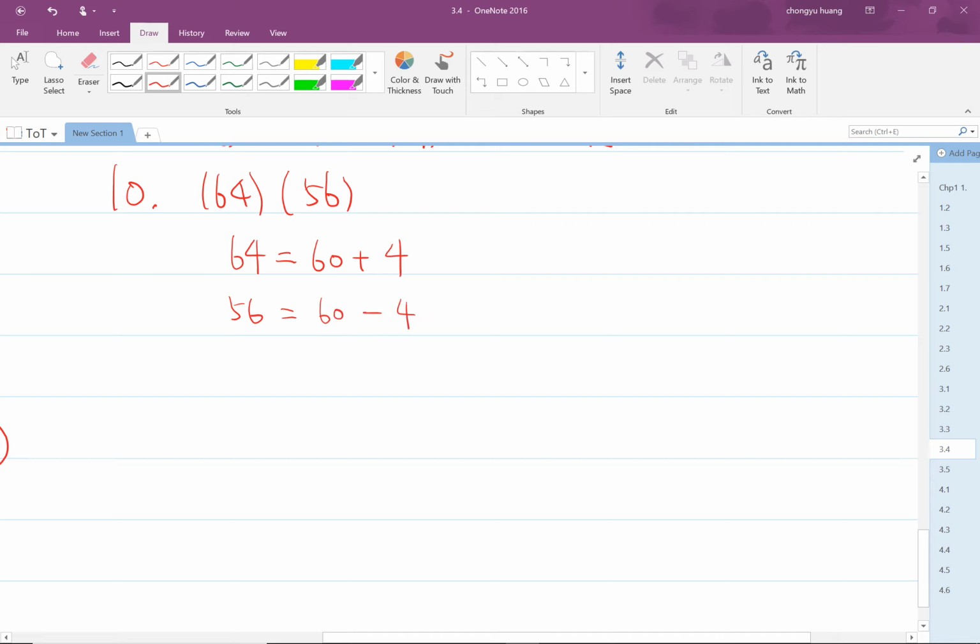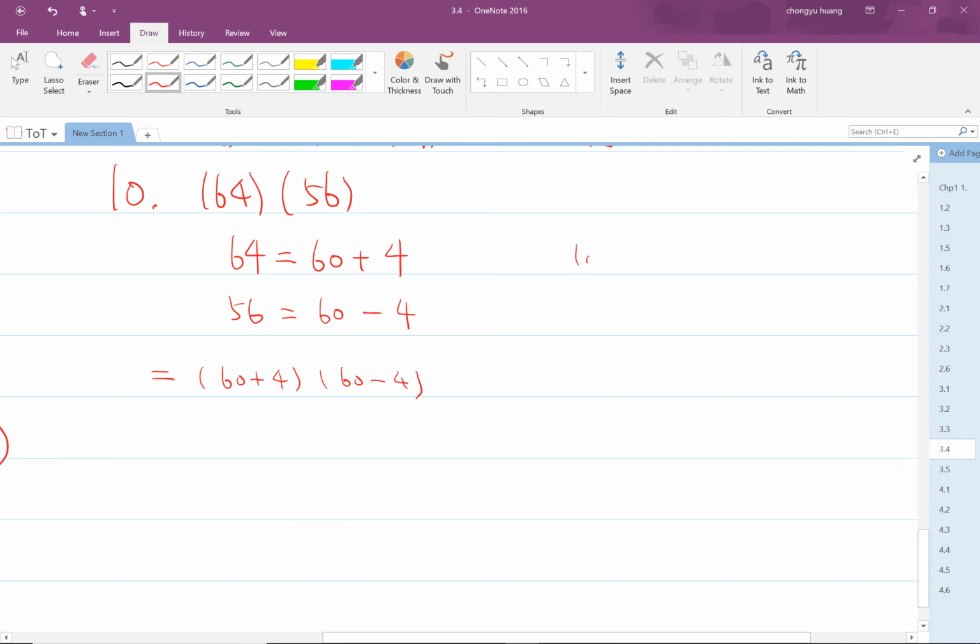So we can write it in this form, and then we are able to apply the property.